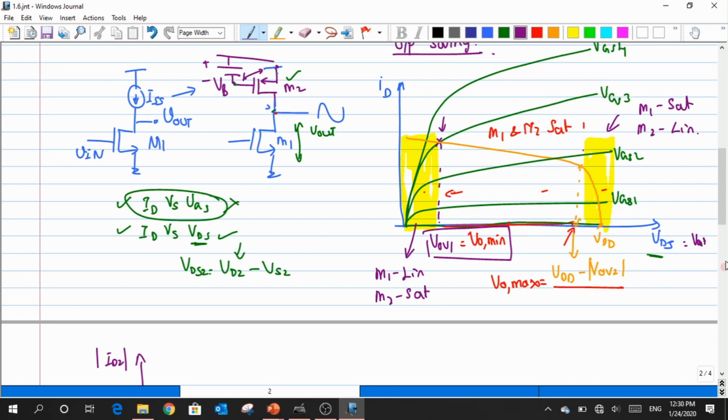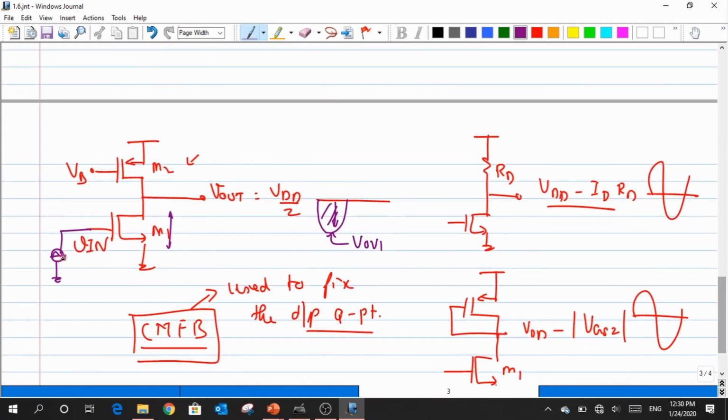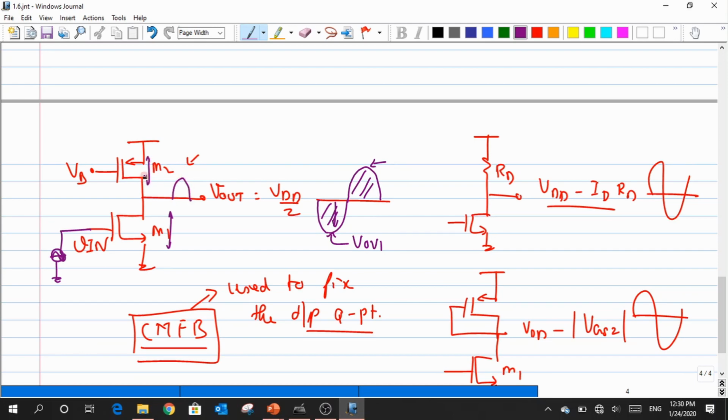Okay? Similarly, what happens when I have a negative swing across my input such that it creates a positive swing at the output? How far can it go up? When I try to have a swing, I'm trying to reduce the value of VDS2. Now how far can VDS2 be reduced for the M2 transistor? What is the minimum voltage of VDS2 I can have such that I am still in the saturation regime? It is equal to VOV.